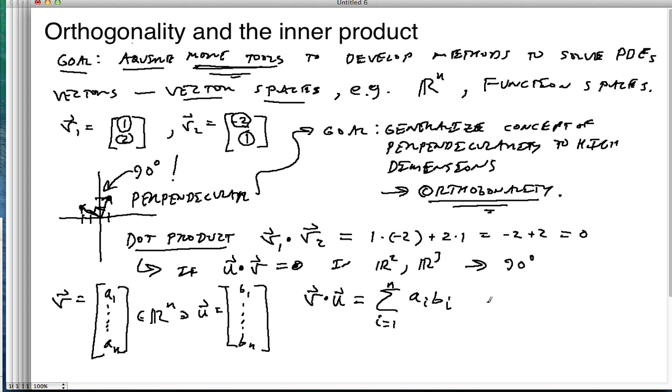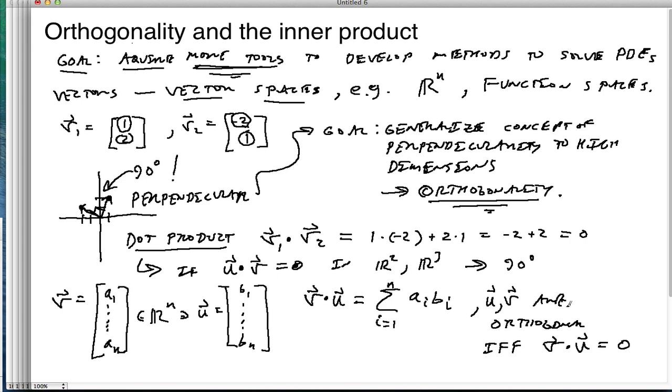All right. And now we'll say u and v are orthogonal if and only if the dot product of both of them is 0.